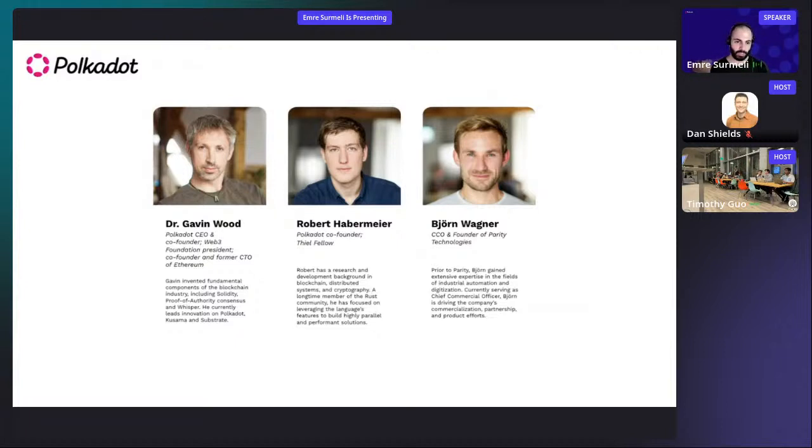As he was developing that, he had a vision of what the next version should be like, and that's what Polkadot is. Robert is a lead hacker on the team, hacking away at most of the features like parachains, asynchronous backing, and governance, essentially taking what research does and leading the coding side of it. And then Bjorn is our CCO.